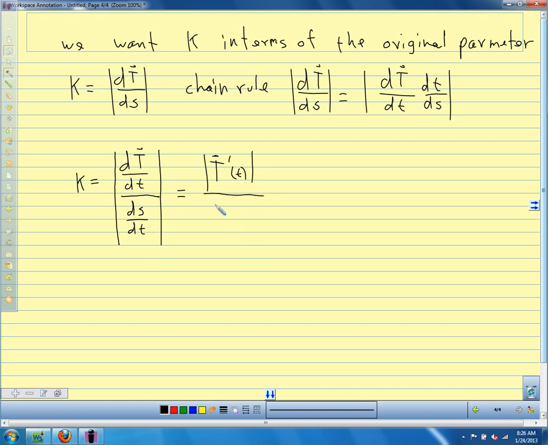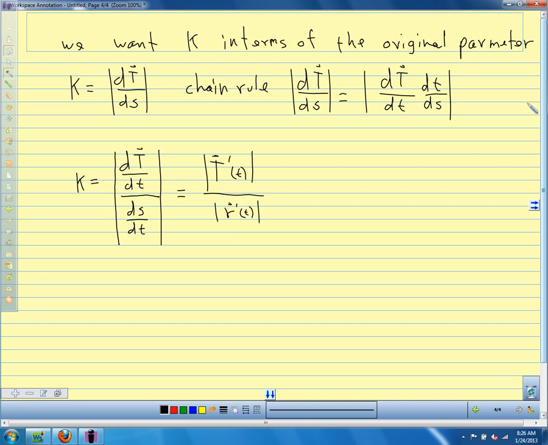That's the magnitude of r prime. So K, finally, is the magnitude of T prime divided by the magnitude of r prime. We could calculate with this, but there's another easier way.